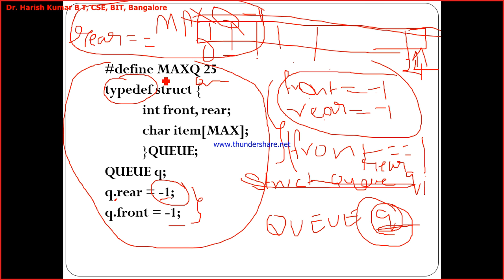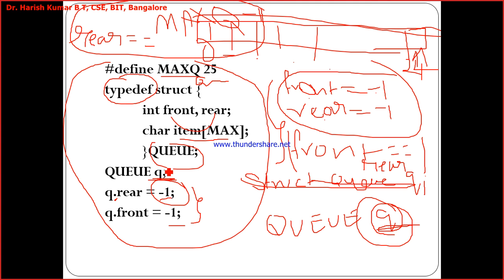You take a macro max queue, initialize it to the desired value, and then using a typedef, create a structure with 2 integer members and 1 character array, and declare a variable to it. So this queue acts as an alias name to this structure, and using this queue you can declare any number of variables.